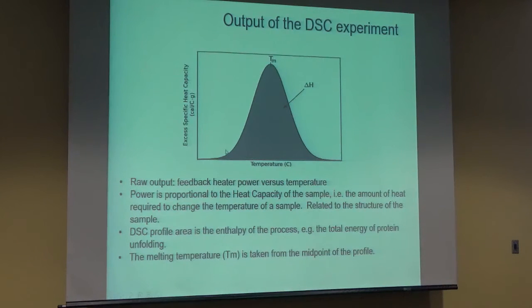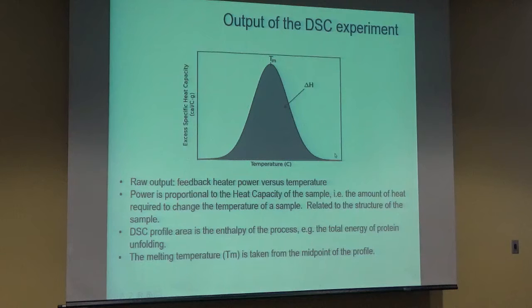Okay, so here is the excess specific heat capacity, we call it Cp, and this is the temperature. So this is the pattern. If it's normal, that's the pattern you should be able to see.